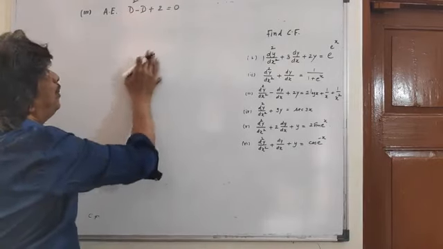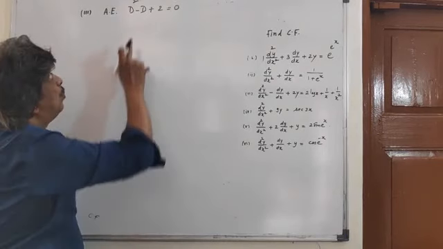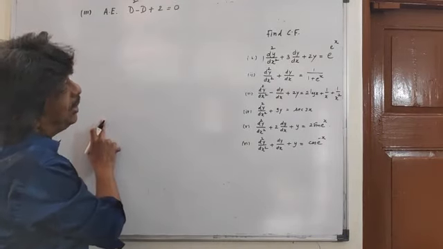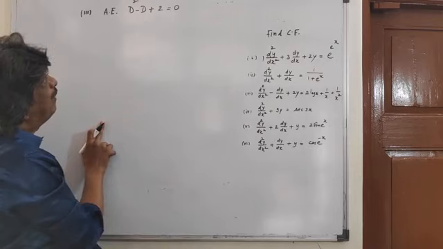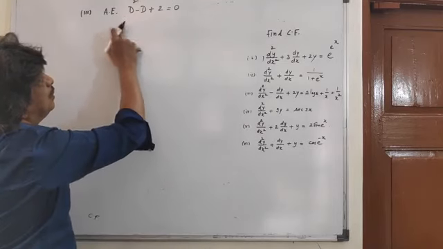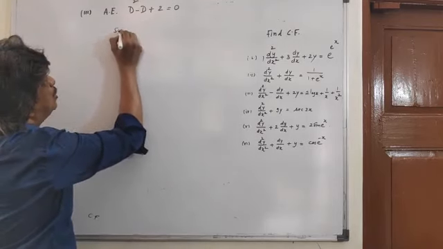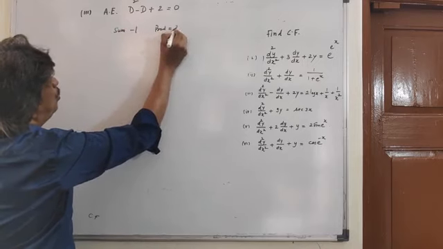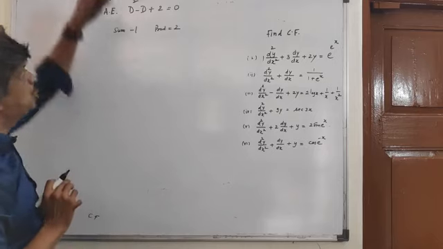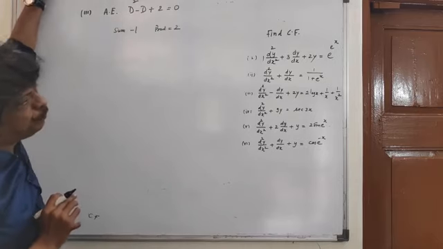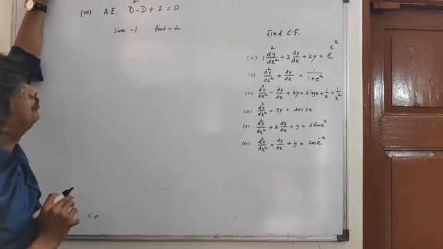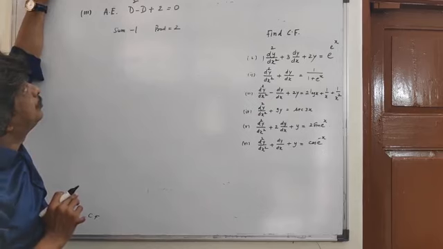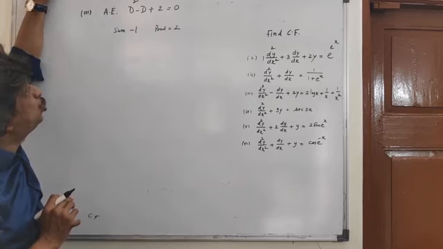Now, determining the roots of this equation. What are the roots of this equation? D² - D + 2. Factors of this equation: the sum of roots is minus 1 and the product of roots is equal to 2. So what are the factors of this equation?